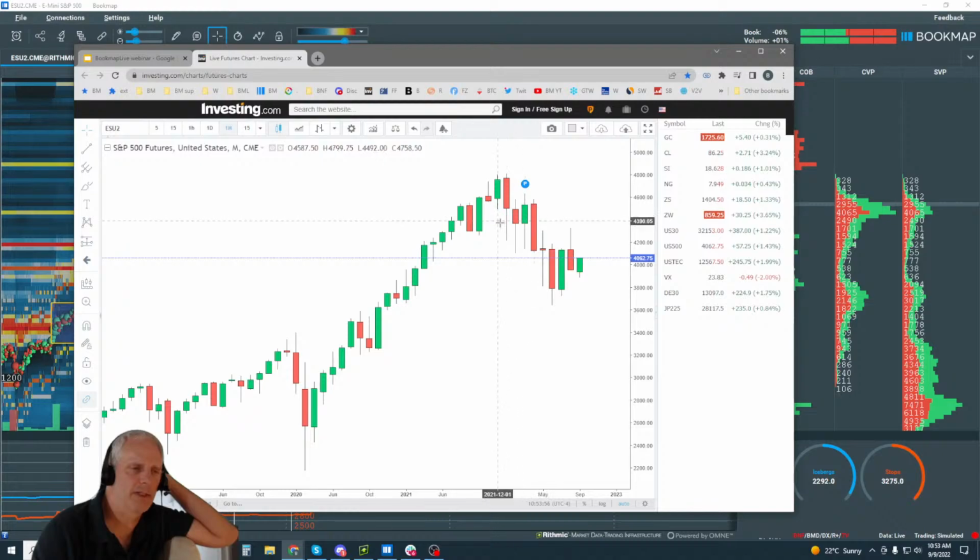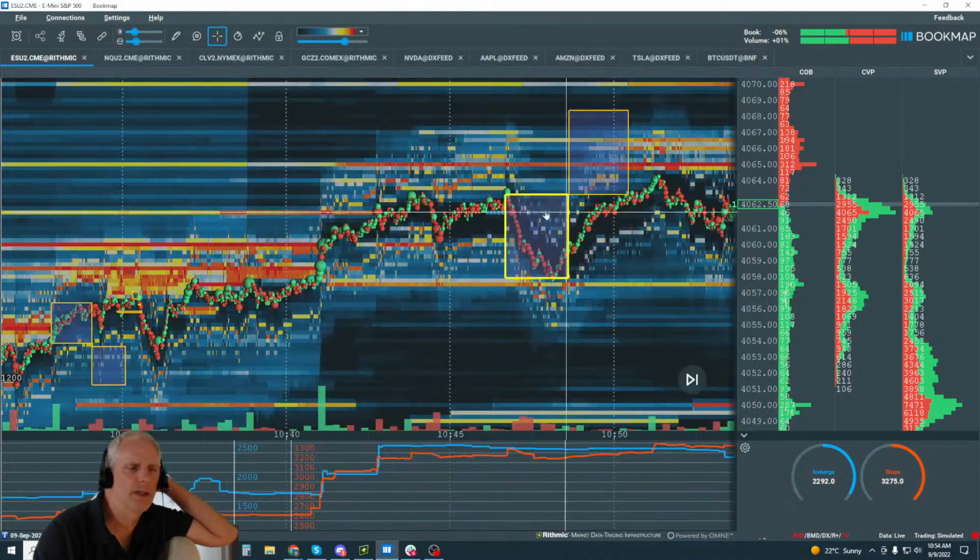There's a lot of slop in here on the monthly, but you start to look at these ranges and swings. On the monthly chart up here, 41.35 looks pretty good, somewhere around there. Anyway, point made on that.